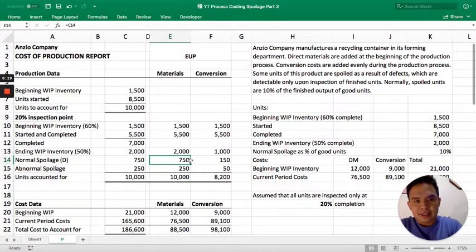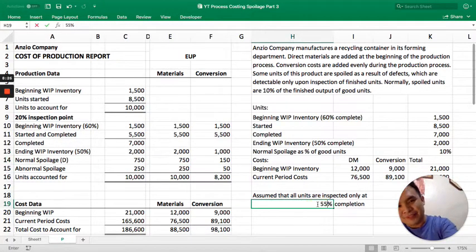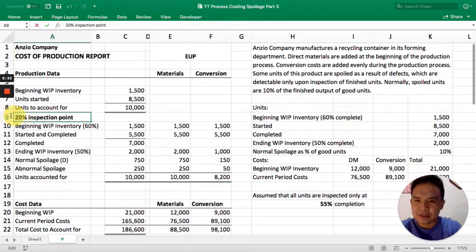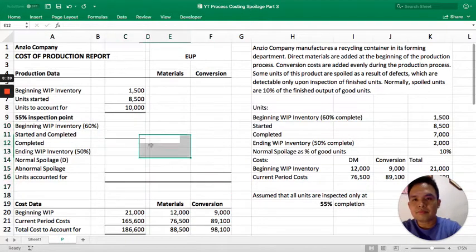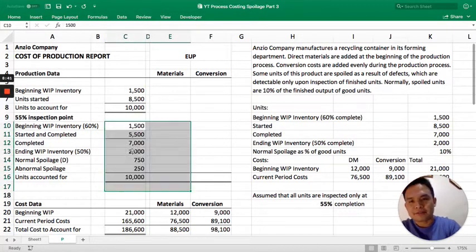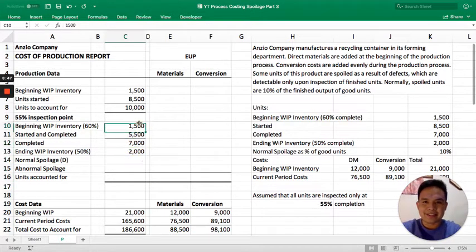Next, let's try a change. Before I proceed, what if 55%? Magbabago ba yan? Ito interesting yan. At 55%, so again, the point stands. Let's try to do it at 55%. Lagay muna natin yung normal na lagi mong nilalagay: completed, ending, beginning, started.